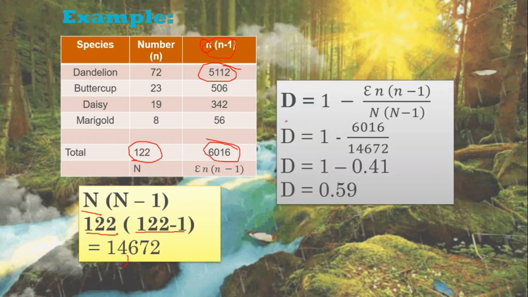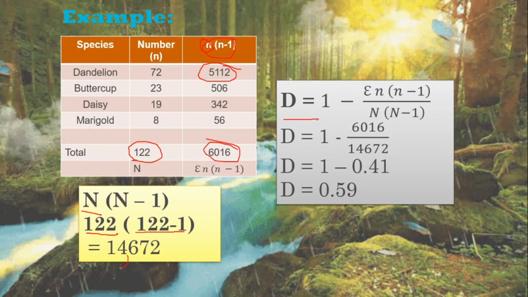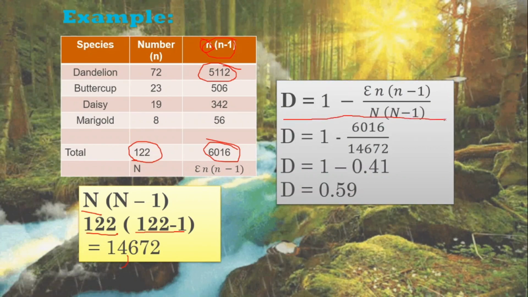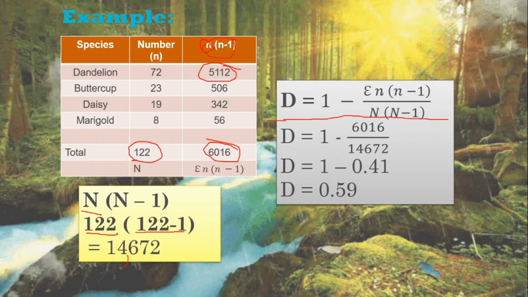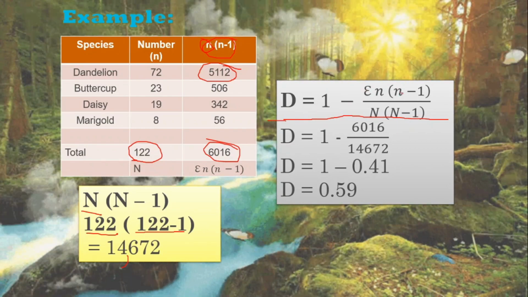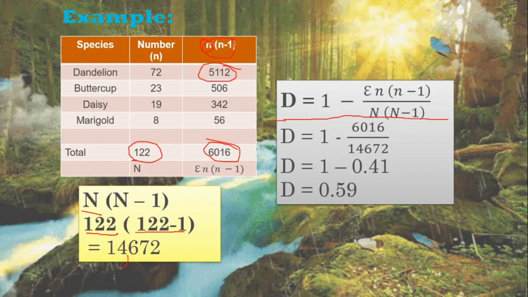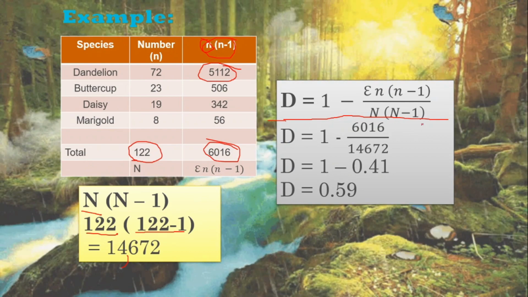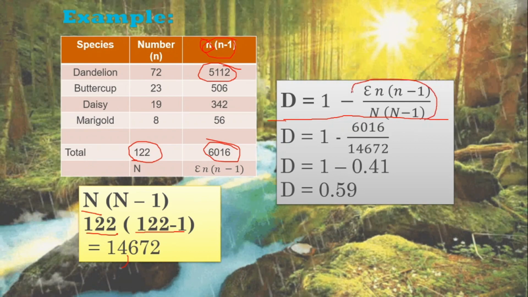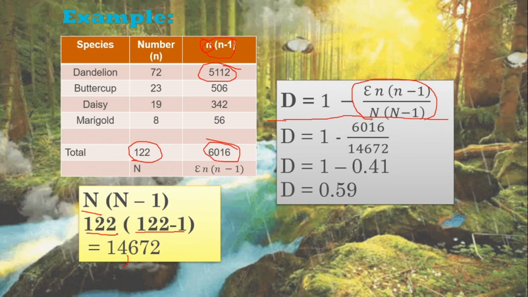Using the Simpson's Index of Diversity formula, which is D is equal to 1 minus the summation of n times the n minus 1 divided by capital N times N minus 1, we are going to substitute the values that we have computed earlier.